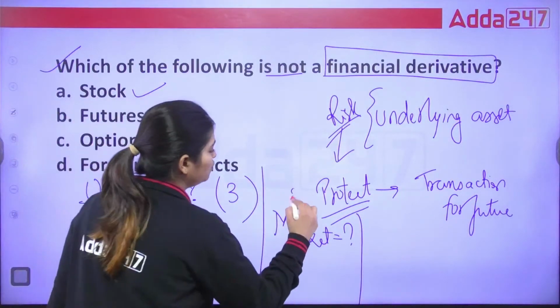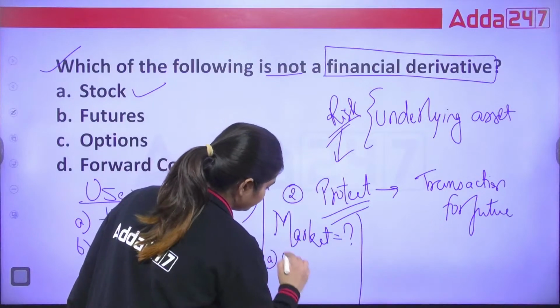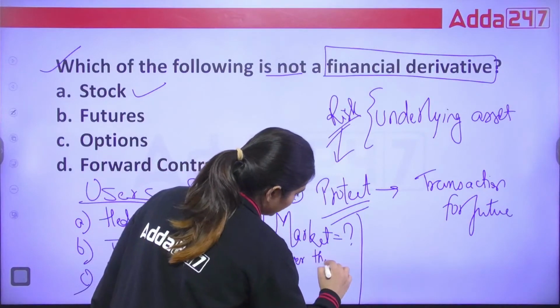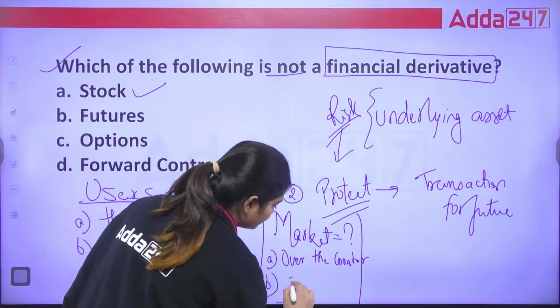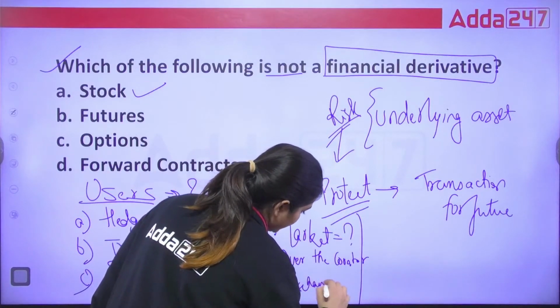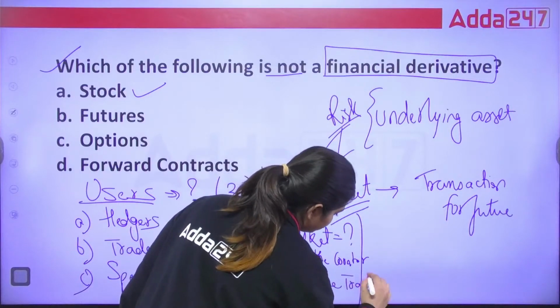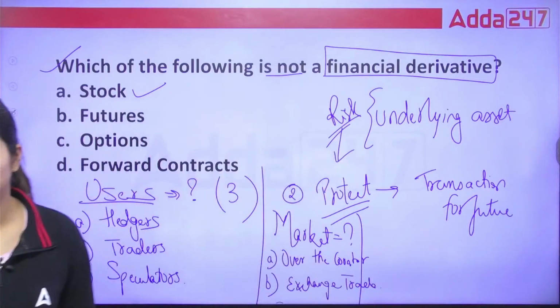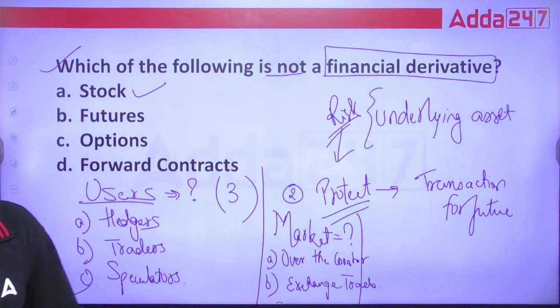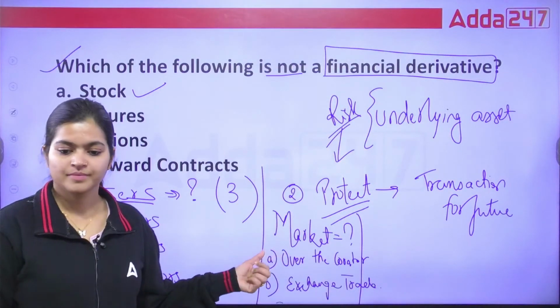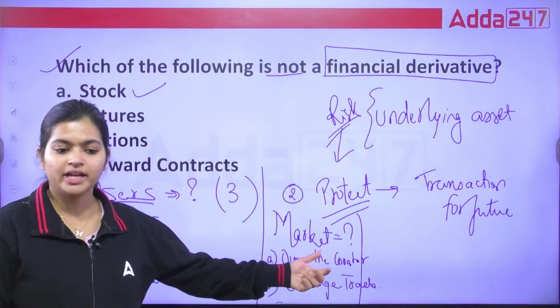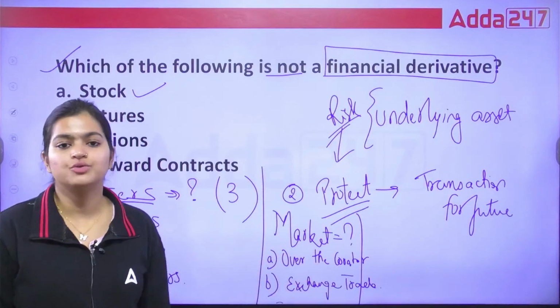We have two markets. First, over the counter, and second, exchange trade. That is Bombay Stock Exchange. Over the counter market, or it can be your exchange trade market.